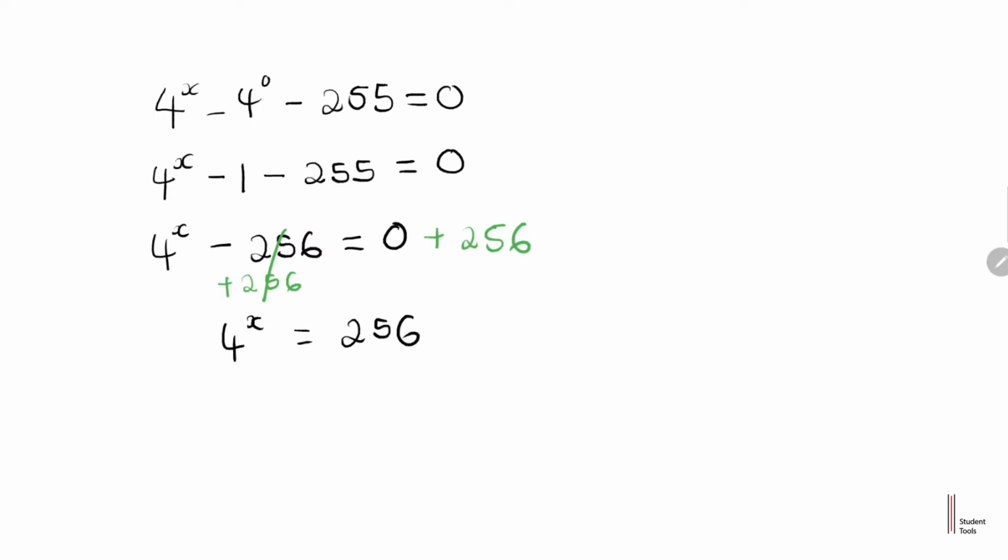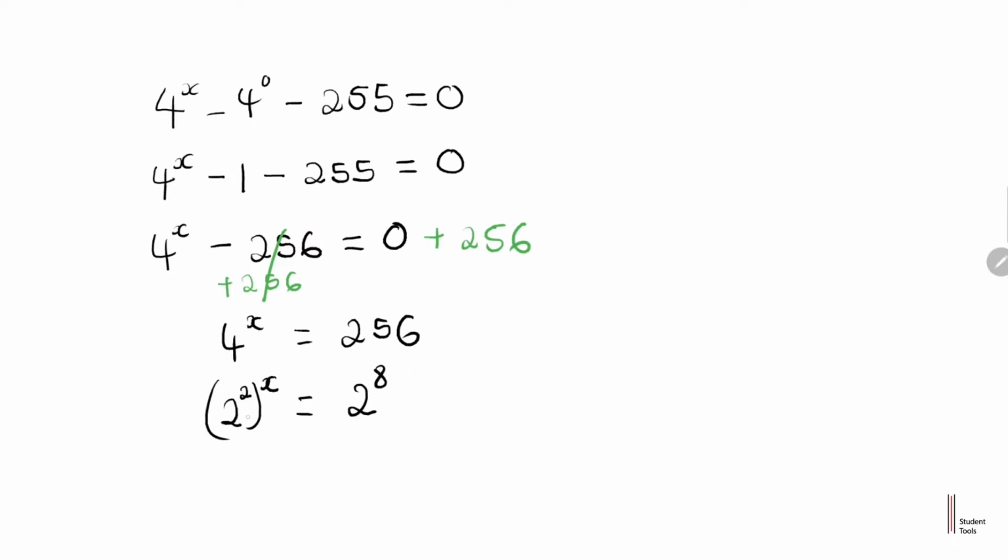Now let us make everything to the base 2. So to make this to the base 2, this will be equal to (2 to the power 2) to the power x. So 2 to the power 2, that's a 4. So it's this 4, which is this base, and that base is to the power x. So all this is equal to 256. 256 to the base 2, that is 2 to the power 8.